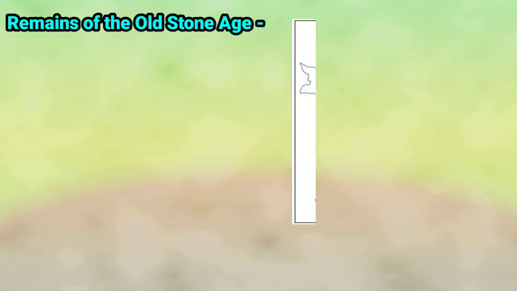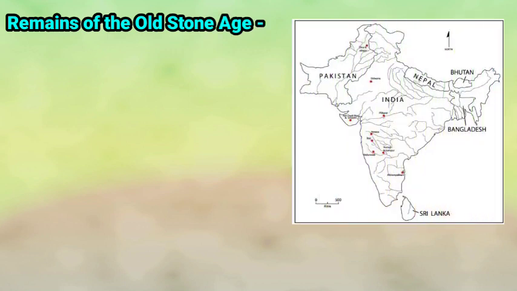Next, the remains of the Old Stone Age. Children, in India, the remains of tools from the Old Stone Age have been found at various places from Kashmir to Tamil Nadu. However, very few human fossils are found in India.